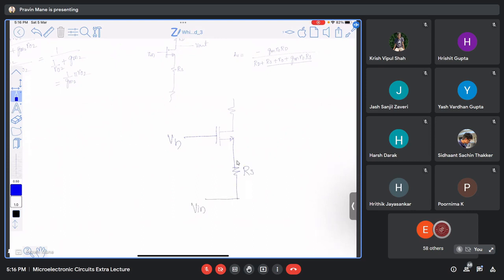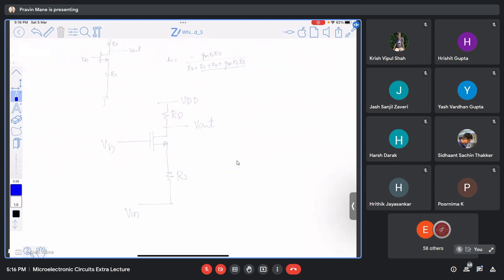This is R_S, this is V_DD, this is R_D, and the output is taken from this point. Without r_o, what is the gain? R_D divided by R_S plus 1 by g_m, right?